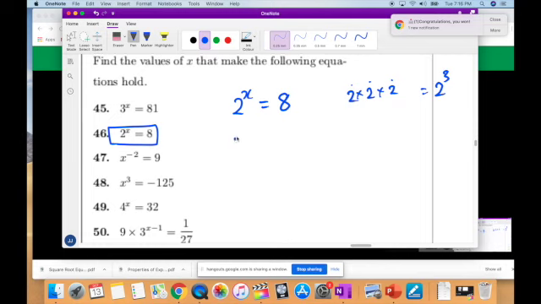So I could say now that 2 to the x is equal to 2 cubed. And now that the bases are the same, that means that I could just equate x is equal to 3. That's your answer.